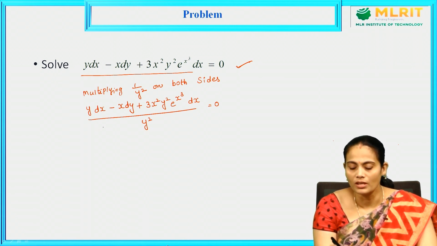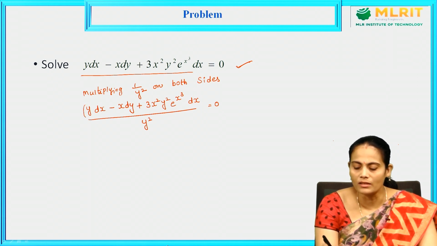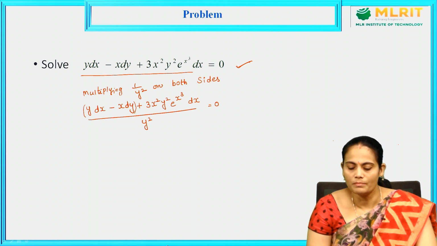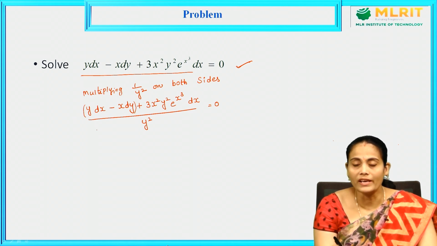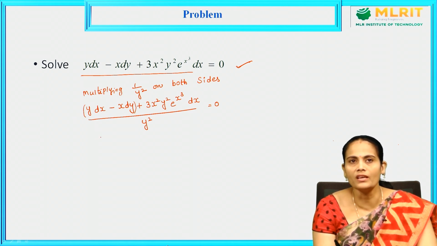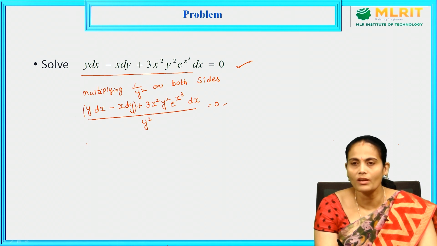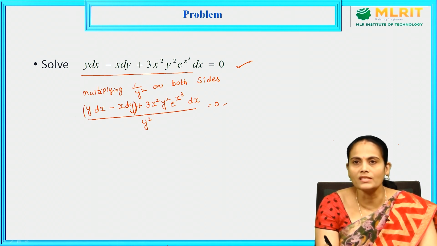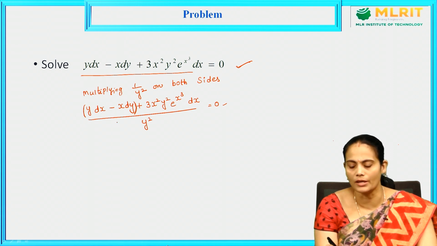So here I am treating y dx minus x dy plus 3x square y square e power x cube dx by y square is equal to 0. Now I am treating y dx minus x dy as a single term.